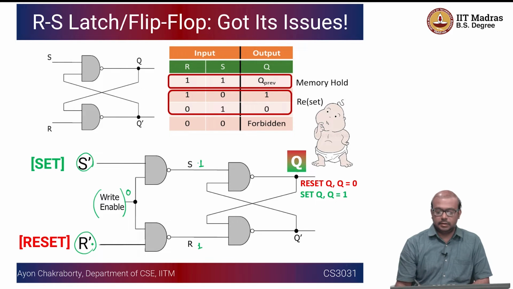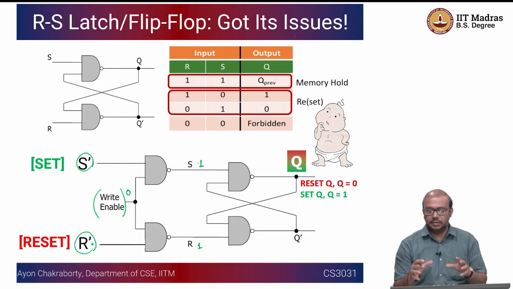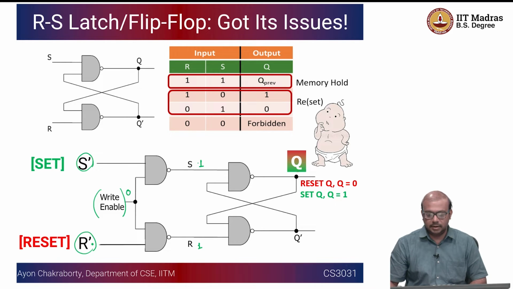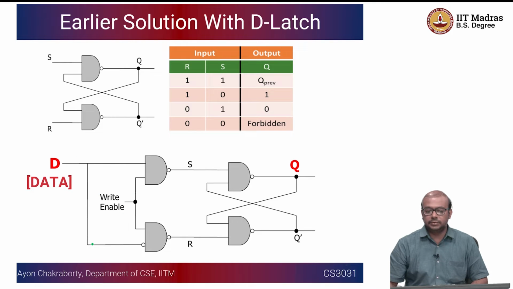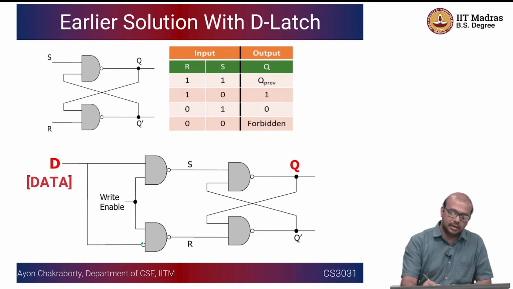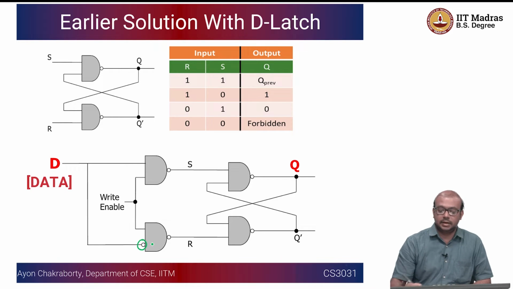So this is not a new kind of latch or flip-flop. This is an RS latch only, and these are the issues with the RS latch that we have already faced earlier. The first solution was using a D input and making sure that D and D bar are supplied to the top and the bottom NAND gates.